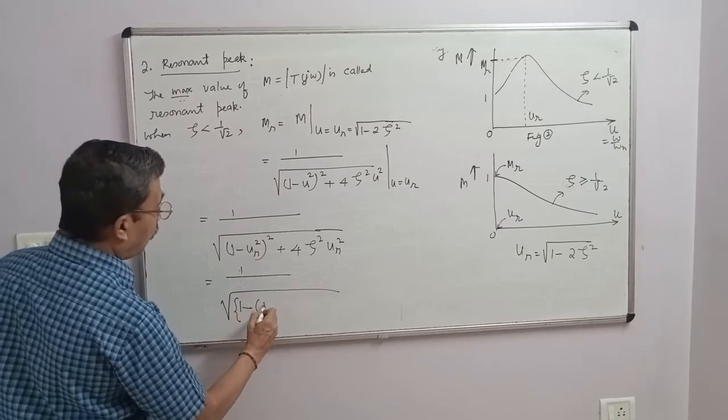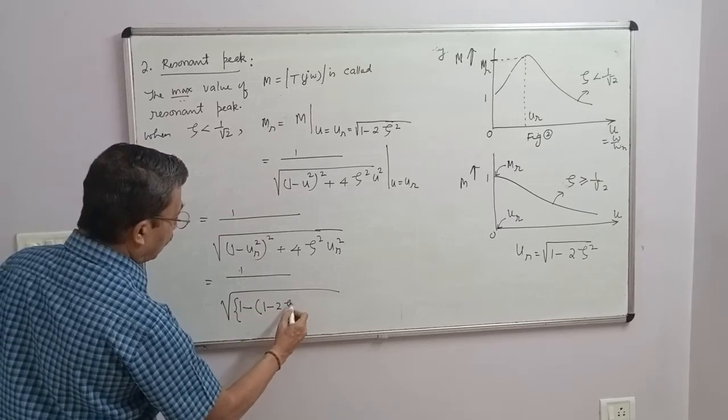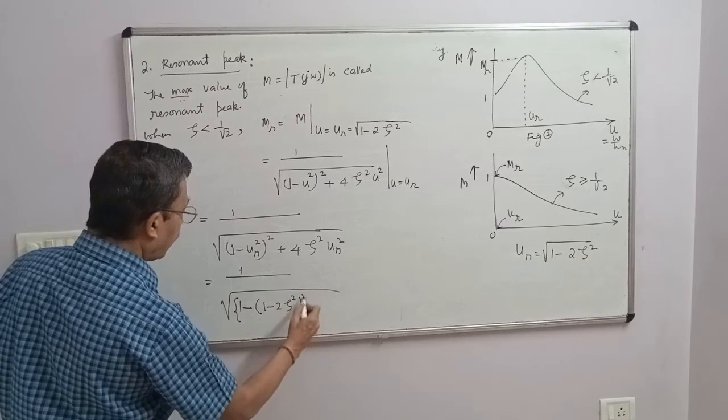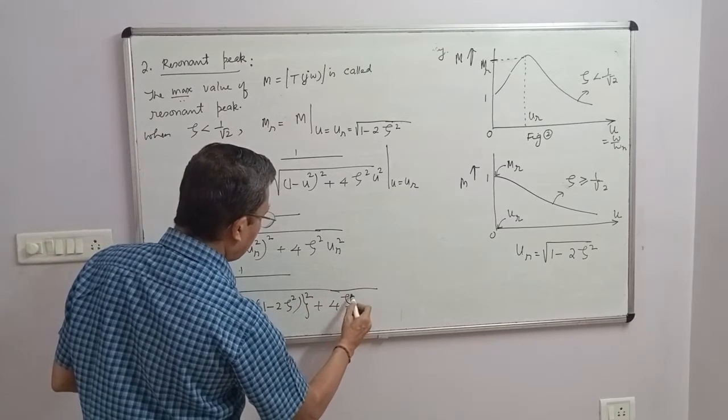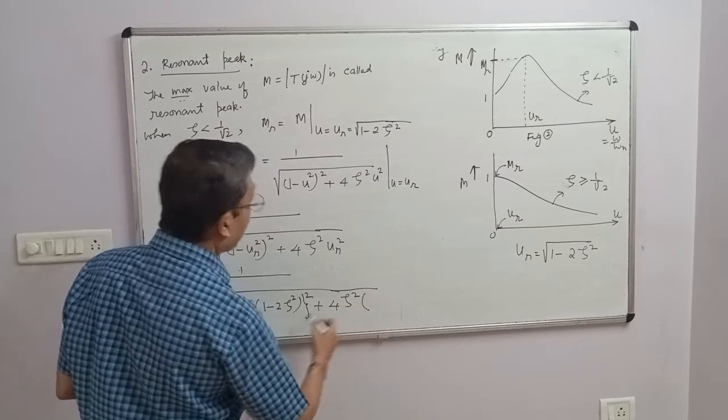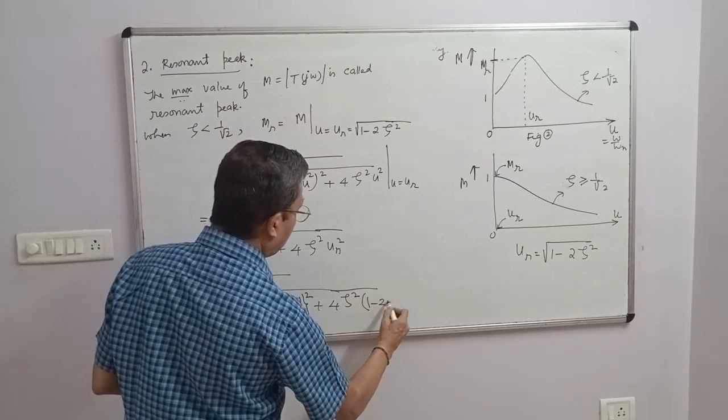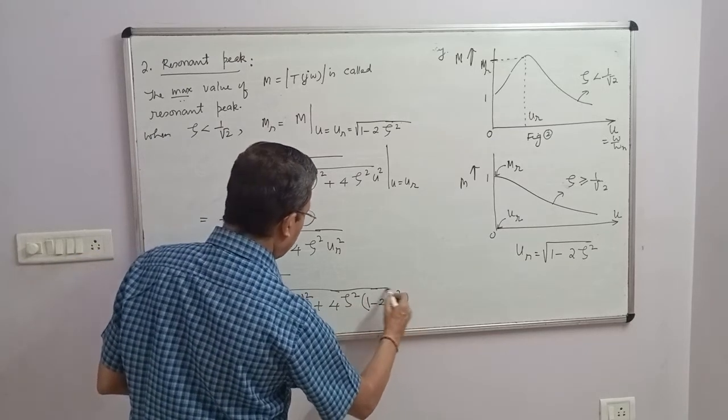What is UR square? 1 minus 2 times zeta square.